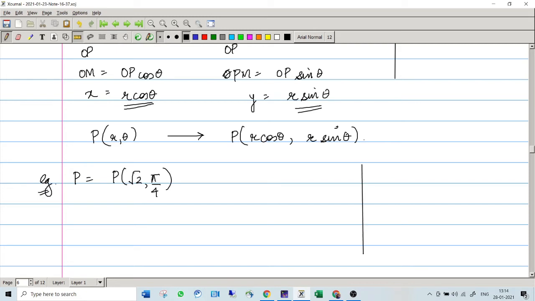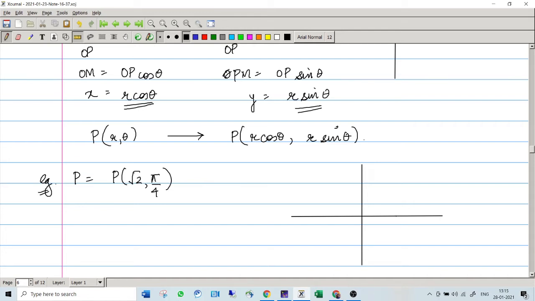So if this is your Cartesian plane, how many units do you need to travel from the origin? Root 2 units. In what direction? The pi by 4 angle is to be taken from the positive direction of the x-axis.